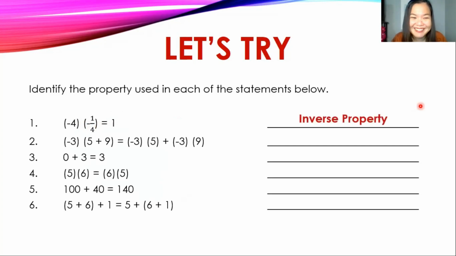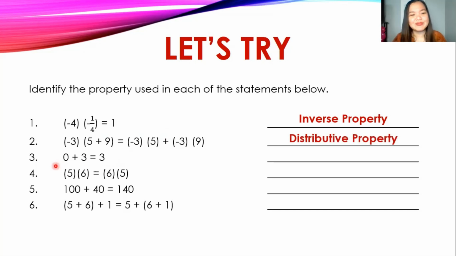Inverse property. Okay, number 2, you have negative 3 times the quantity 5 plus 9 equals negative 3 times 5 plus negative 3 times 9. Take note, 3 is being distributed in that part, therefore, it is distributive property.